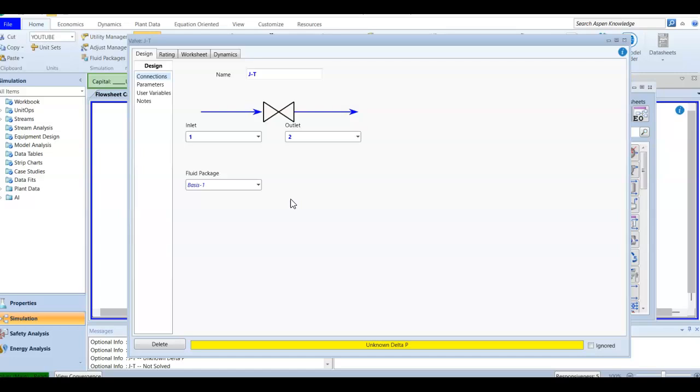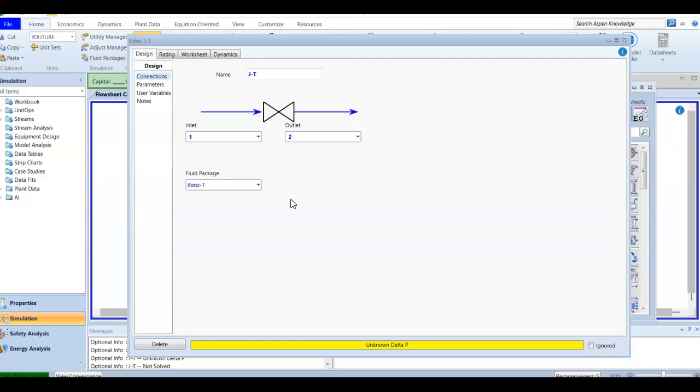Some other valves are used mainly to control the flow, or, moving forward in the dynamic simulation, you'll find that you can add a valve to make a relation between the pressure and the flow, which is called a flow node. So in this case, we have an inlet and outlet, and here we have a pressure drop that we are asked to add. We don't have information yet about the delta P, which means it will be back calculated.